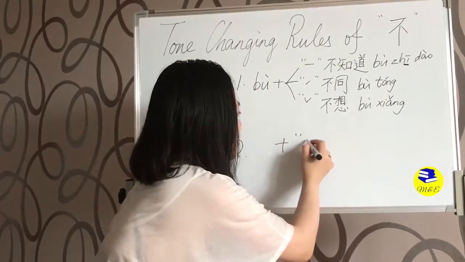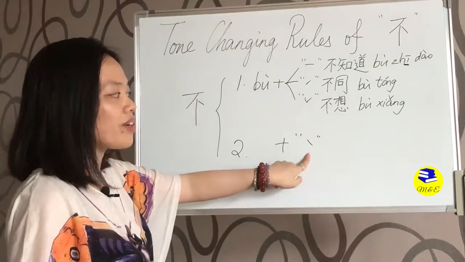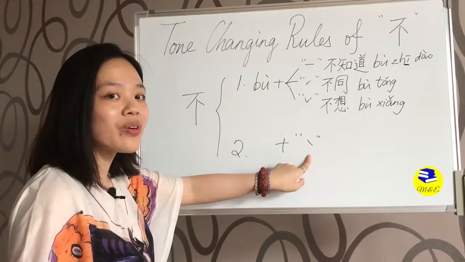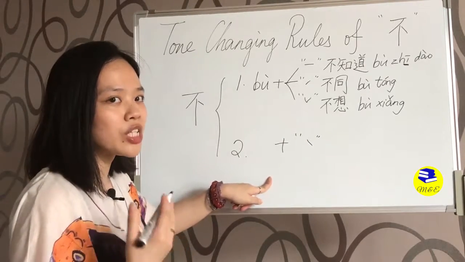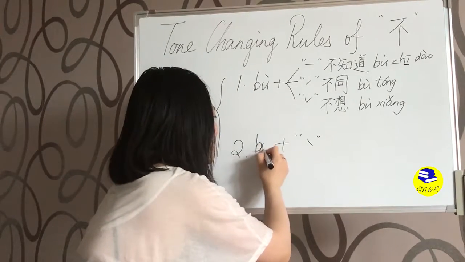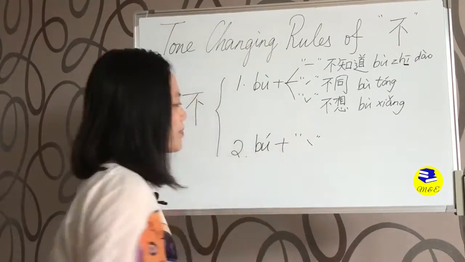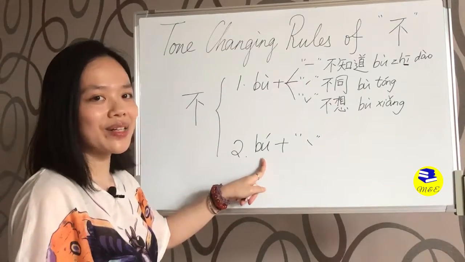Second situation is when character bu follow with a character whose tone is fourth tone. So bu should change its tone into, yes, some people will know, bu, second tone.